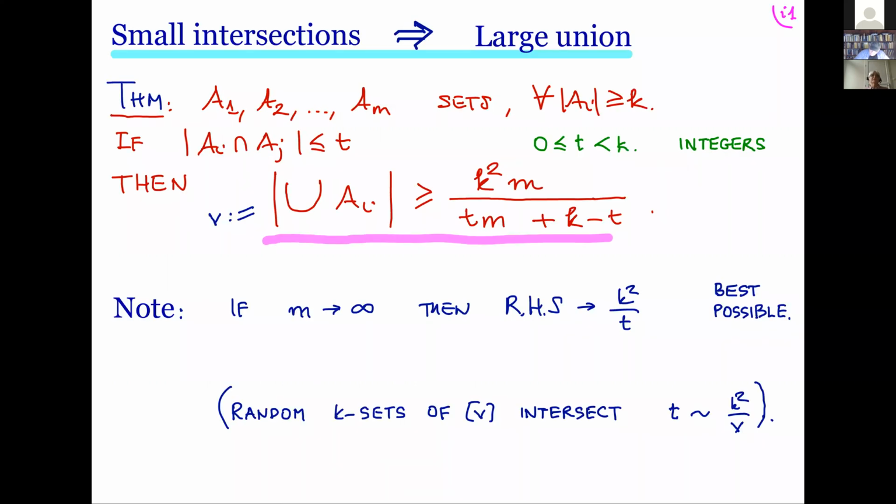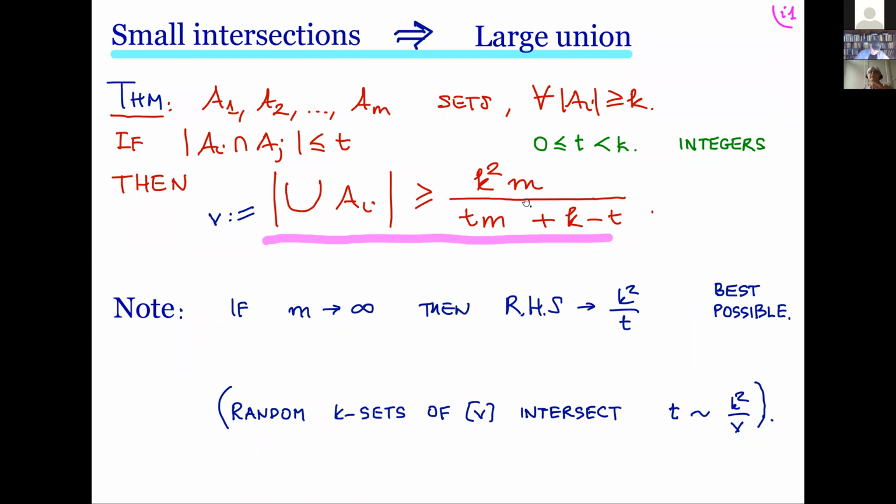So here is the precise form: we have m sets, where m will always be the number of sets, and they are at least k-element sets. So we have m k-element sets with small pairwise intersections, at most t. Then the union is at least something like k squared over t.